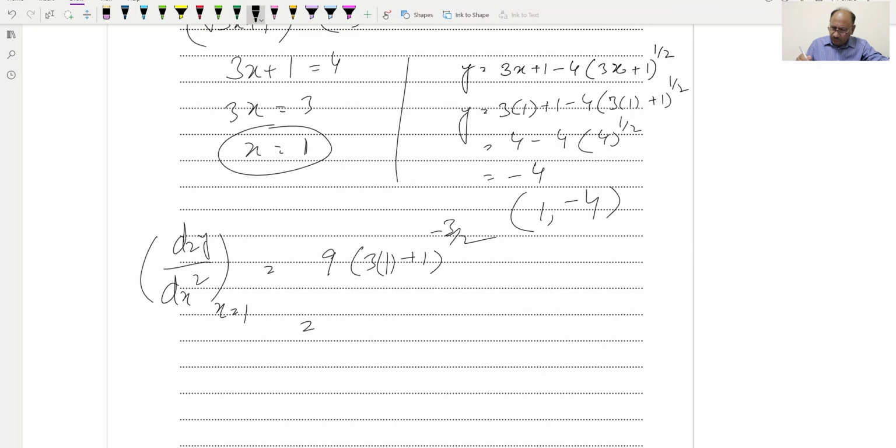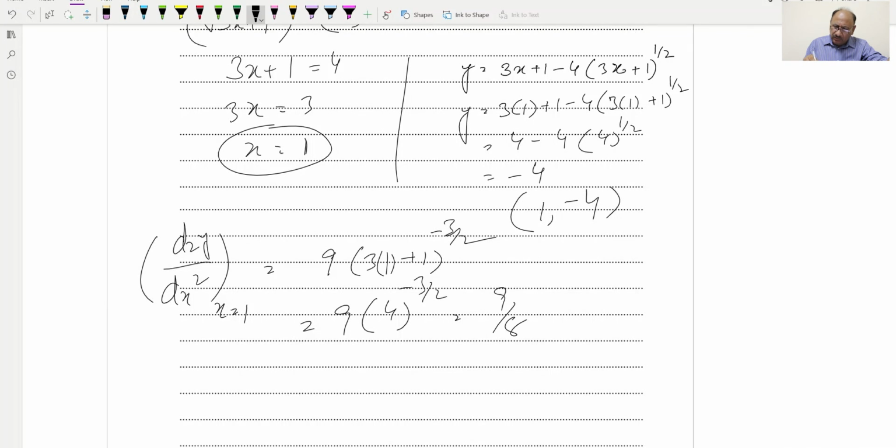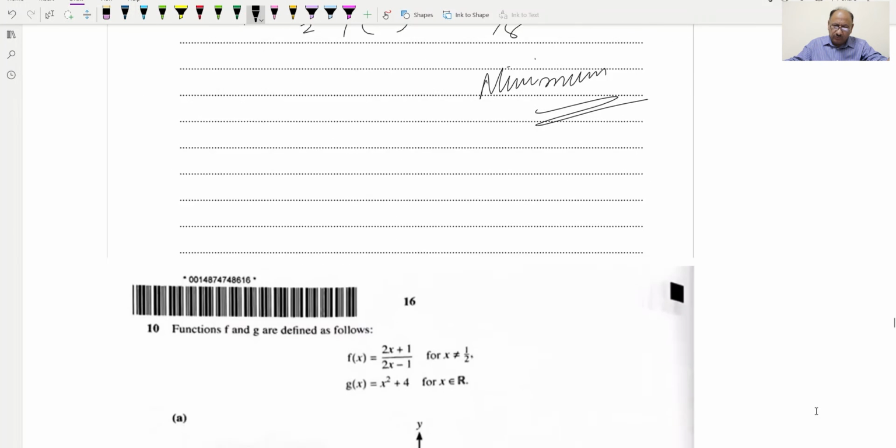So this will be 9 into 3 plus 1, 4 raised to minus 3 by 2, which is equal to 9 into 4 raised to the power minus 3 over 2, and this is equal to 9 by 8. 9 by 8 is greater than 0, so this will be a minimum. The nature of the point we have done also.